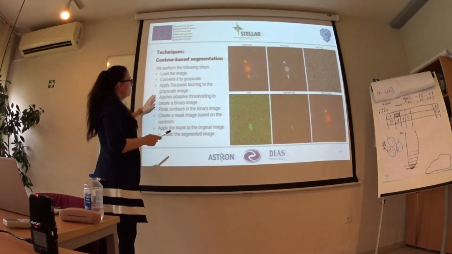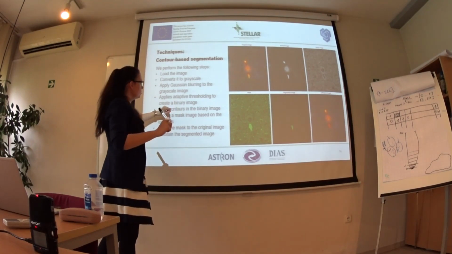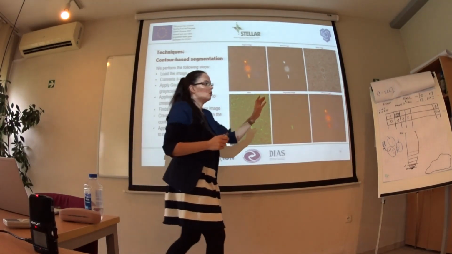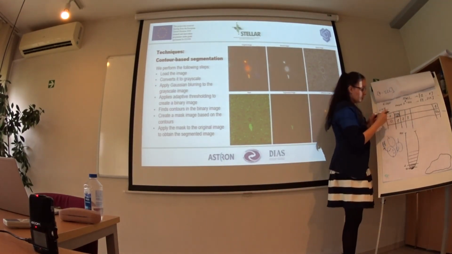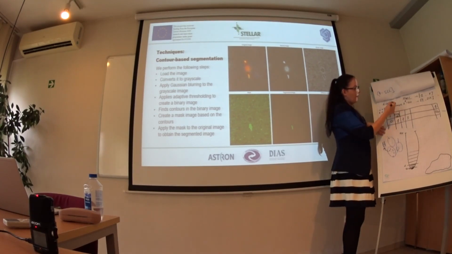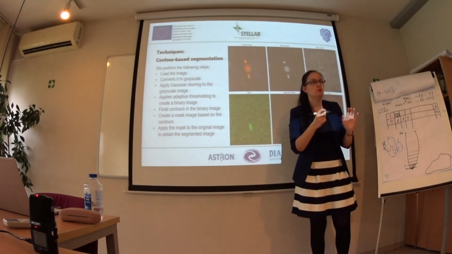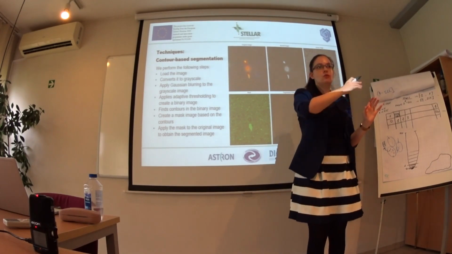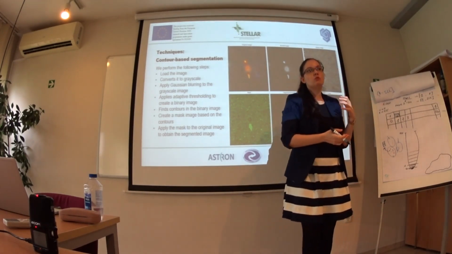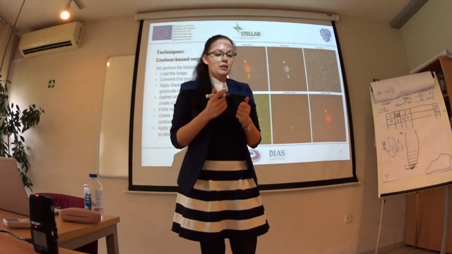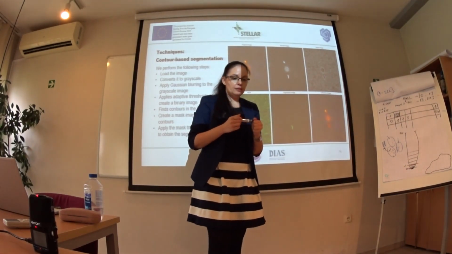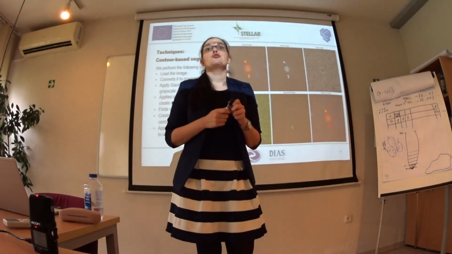After that, you can apply adaptive thresholding to create a boundary image. In the first example, you can set a value and use it to try to segment your image, but that will be a static value that you choose. Imagine that your information changes.